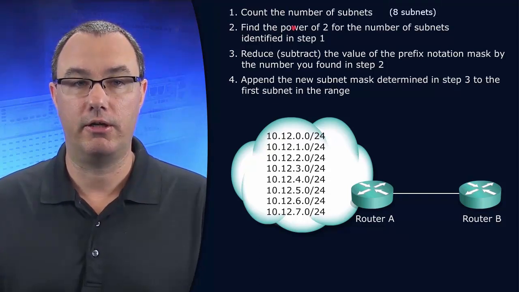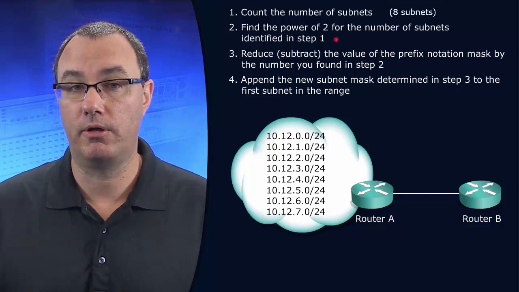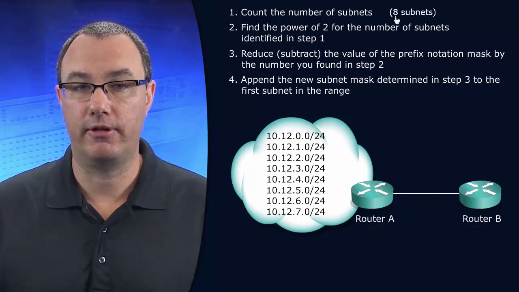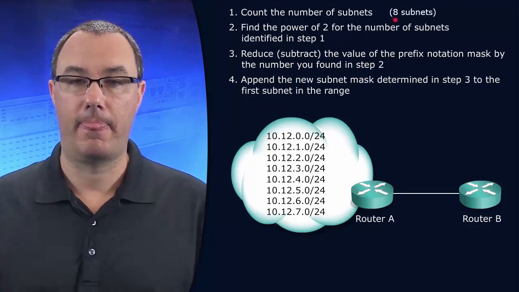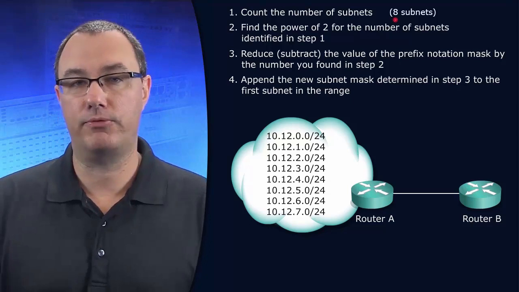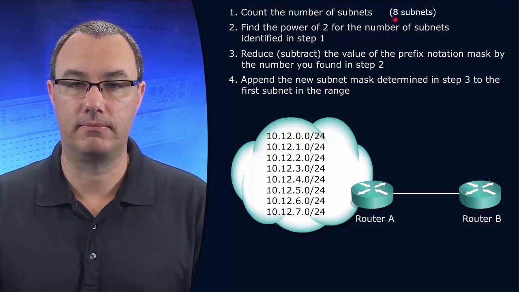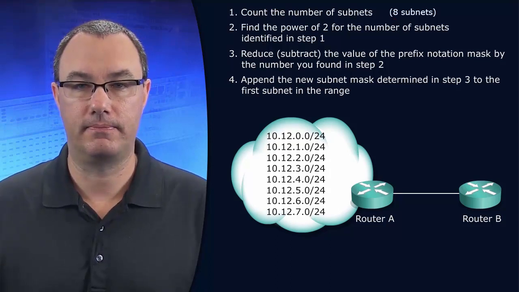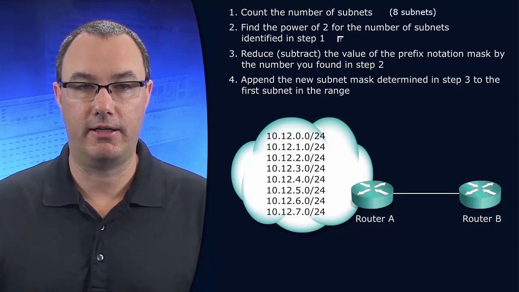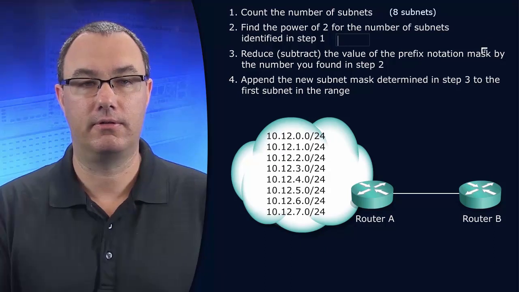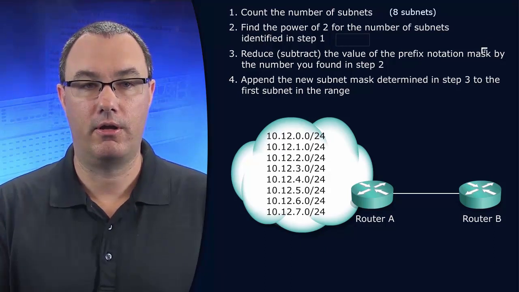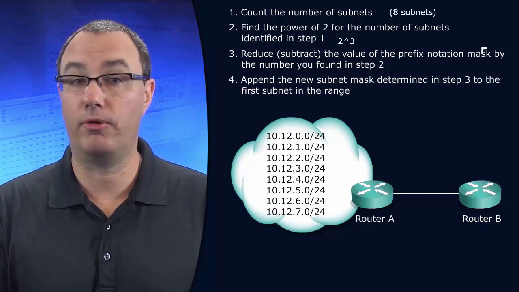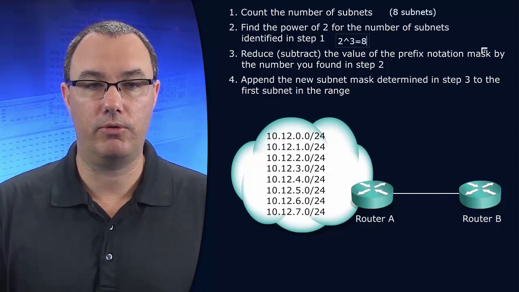Okay. So if I need to summarize 8 subnets, the next step, step 2, is find the power of 2 which equals that number. What power of 2 gives you 8? Well, I'm going to say that the answer there is 2 to the third power equals 8.